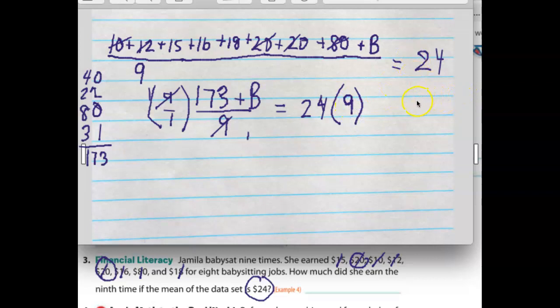So 24 times 9 is what I need you guys to figure out, because I'm going to let you guys finish this problem on your own. So once you figure out what 24 times 9 is, you're going to write that over here. And then, since this crosses out, you're going to end up with 173 plus the missing number.